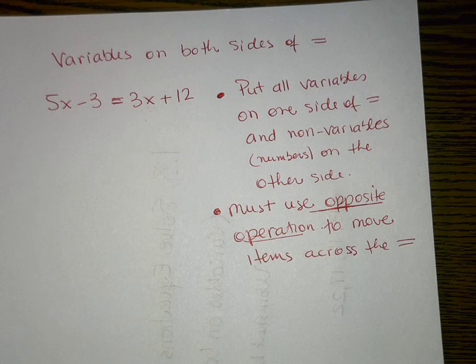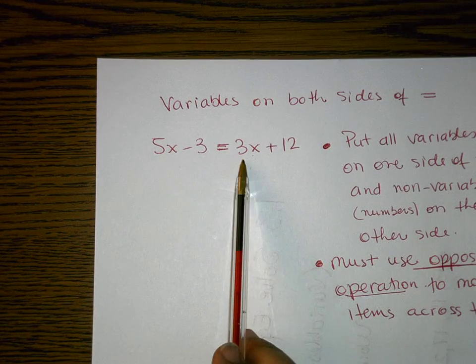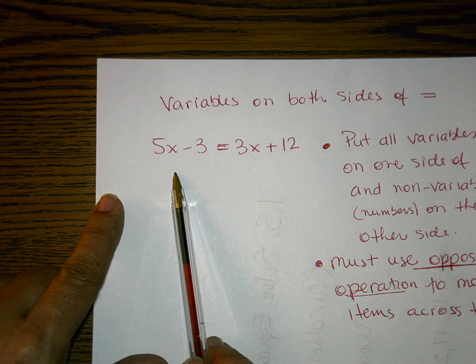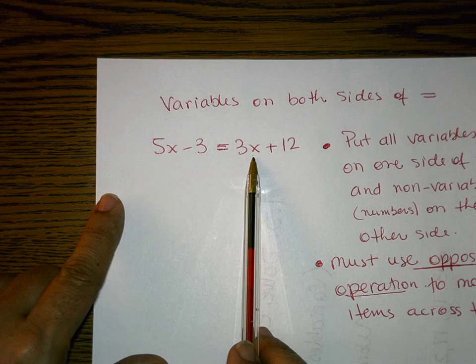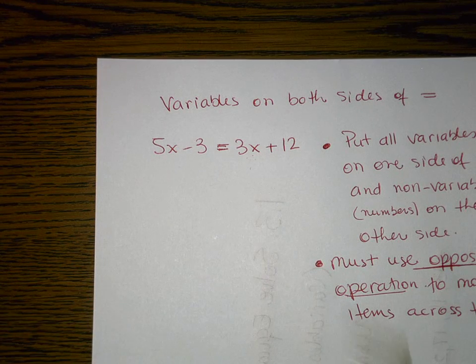I can't just rewrite it the way I want it. I have to use the opposite operation. If this is a positive 3x and I want to move it to the left side of the equal sign, I better use the opposite of positive 3x, which is negative 3x. So you need to use opposite operations.